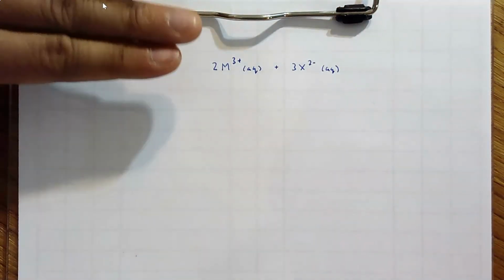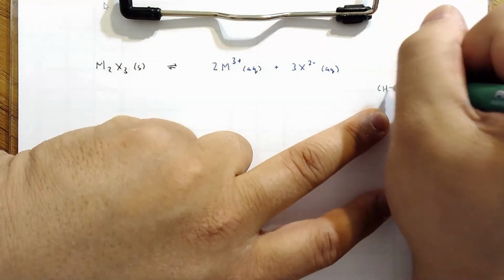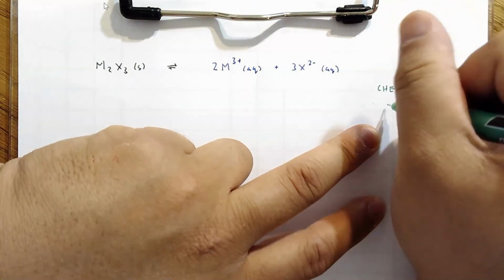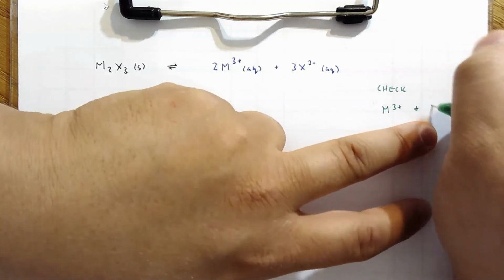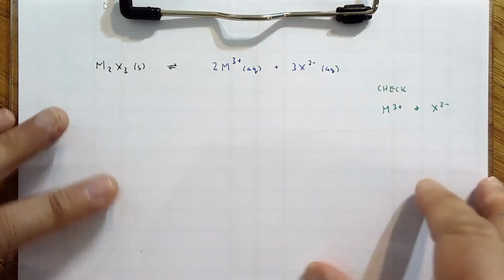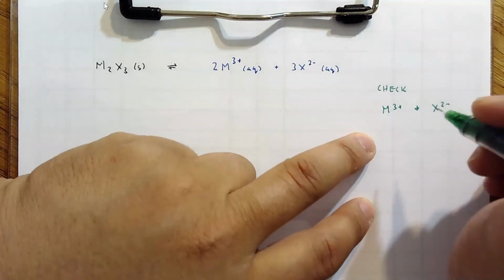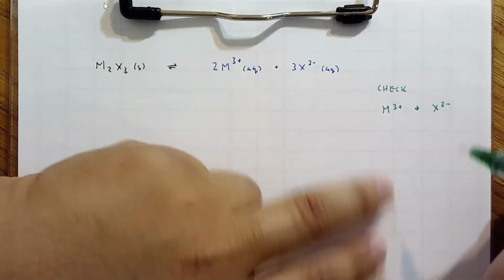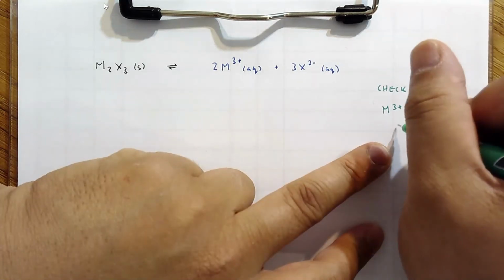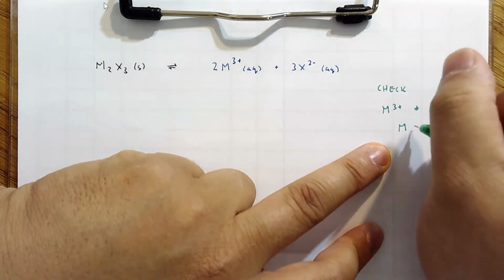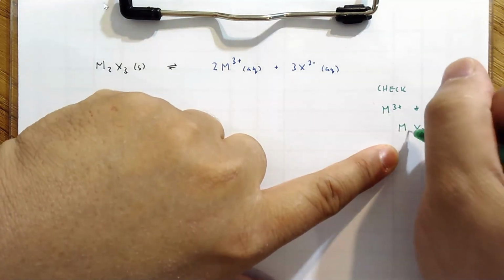Okay, pretend that we had this. This is your check. If you had M3 plus and X2 minus, how would those combine to make an ionic compound? Remember the trick, drop and swap? You drop the charge and you swap them. So now we have M and X. That 3 goes here, that 2 goes here.